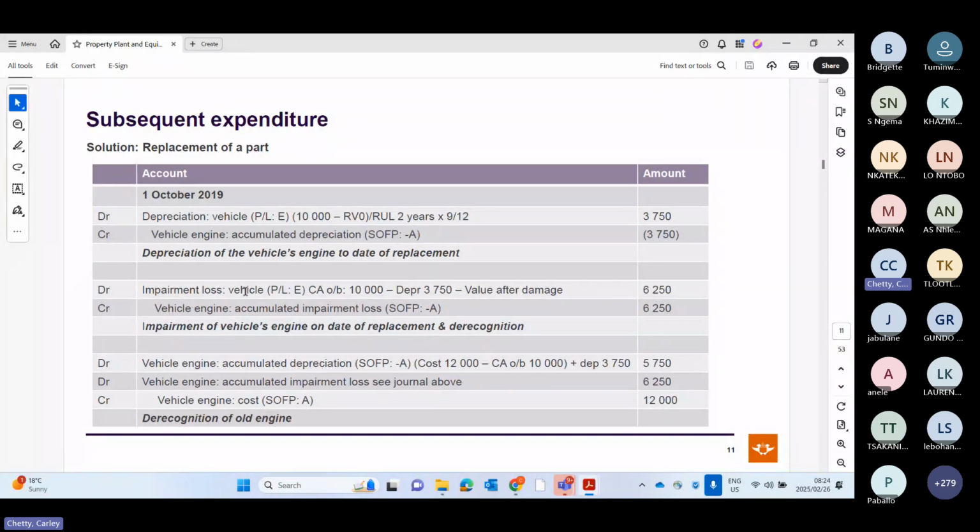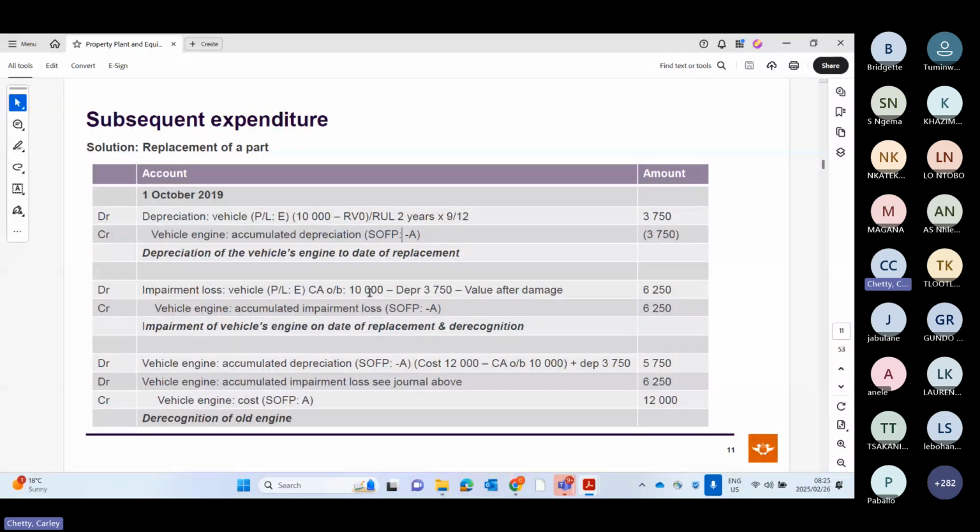So we are going to work out our impairment by taking, so we need to work out the carrying amount at the 1st of October 2019, and then we're going to reduce that carrying amount to 0. So the car engine, remember they told us that it had a carrying amount of 10,000 Rand on 1 January 2019.